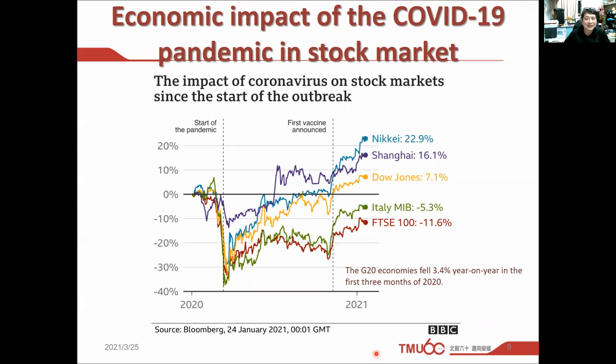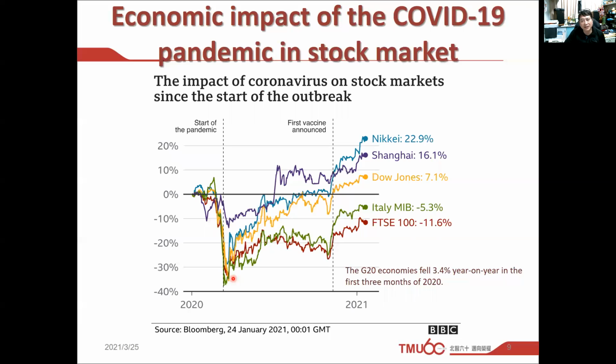And let's see this chart. At the onset of COVID-19, you can see the stock markets in Japan, China, the United States, Europe, and Italy dropped very fast, by more than 30% in some cases, and some down to 20%.